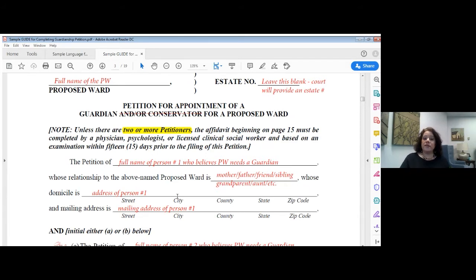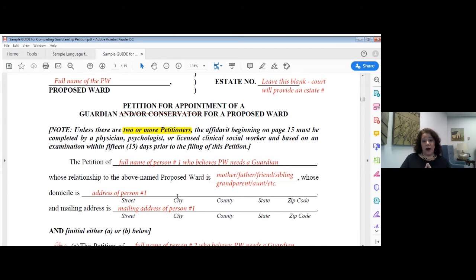Once appointed as guardian, you do have to file annual reports every year. They're not that big a deal. But if you were a conservator, you have to file budgets, and you have to file annual returns, and you have to provide supporting bank account statements to show that everything is lining up. So we like to avoid conservatorship where we can, and a lot of times we can, simply with young people who don't have anything in their name.